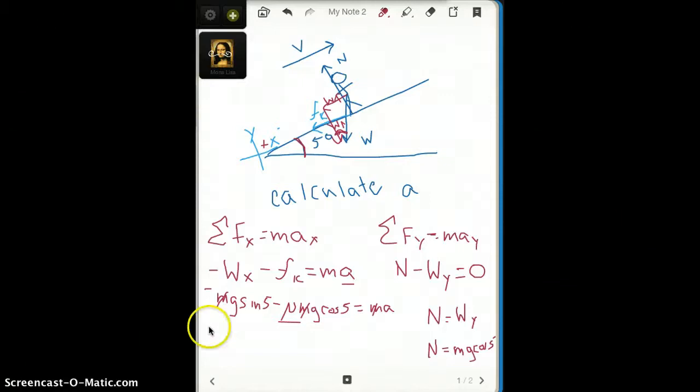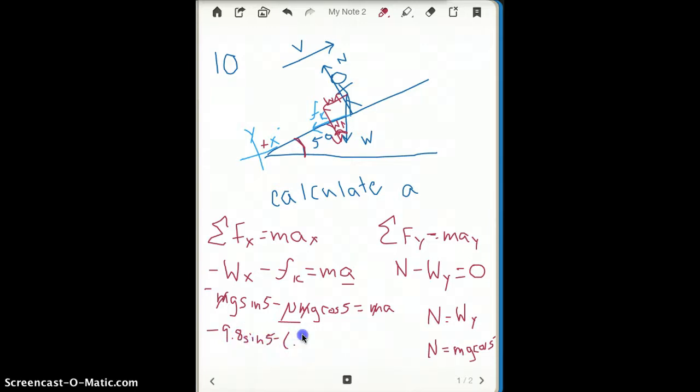Okay, so I just looked that up, and we're going to end up with negative 9.8 sine 5 minus 0.1 as mu times 9.8 cosine 5 equals a, and so a will be a negative 1.83 meters per second squared.